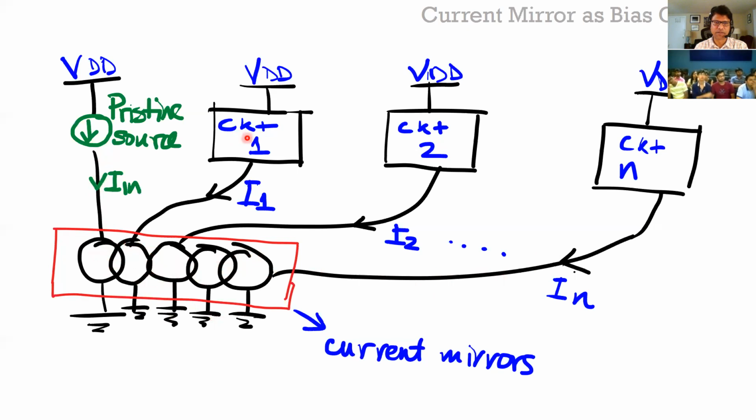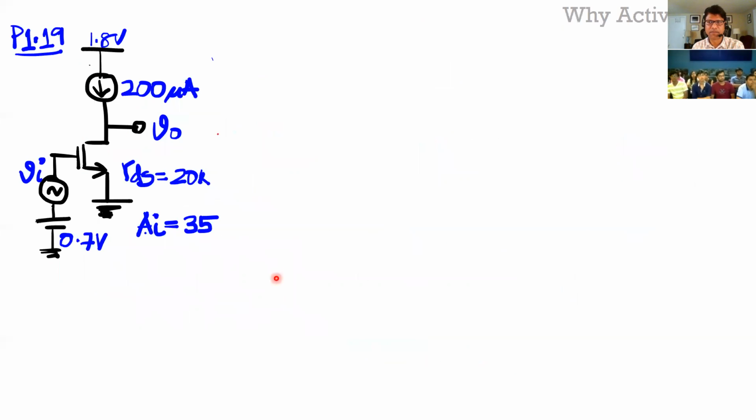Why don't we keep these mirrors here and just transmit the voltages? So we have, for example, N circuits here, we take that current and mirror it and provide each leg to each of these circuits, and they provide the bias current for each of those circuits. So that's really what I mean by biasing current.